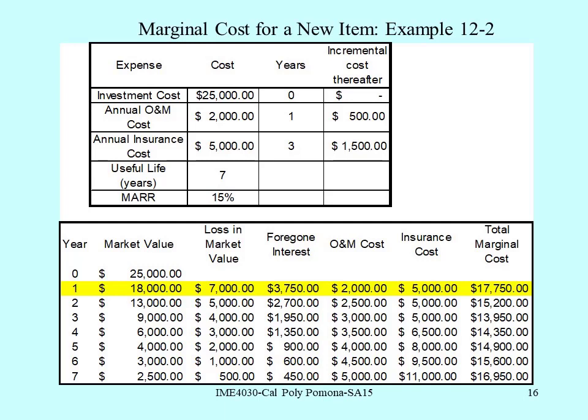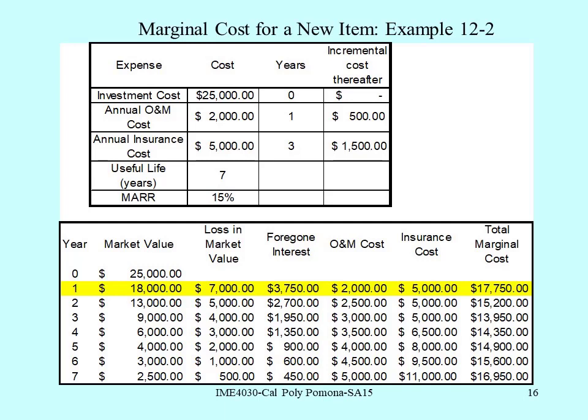So let's look at the line that's highlighted in the lower table, and you'll see that the market value dropped in the first year from $25,000 to $18,000. So our loss in market value was $7,000. We're going to put that into our marginal cost.